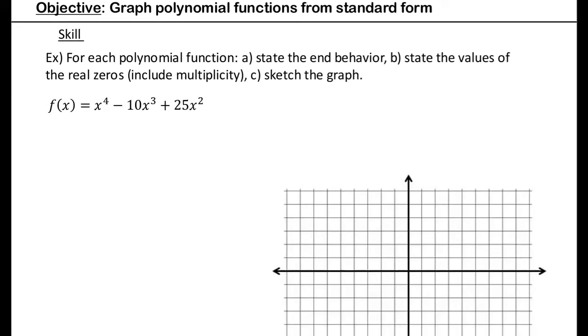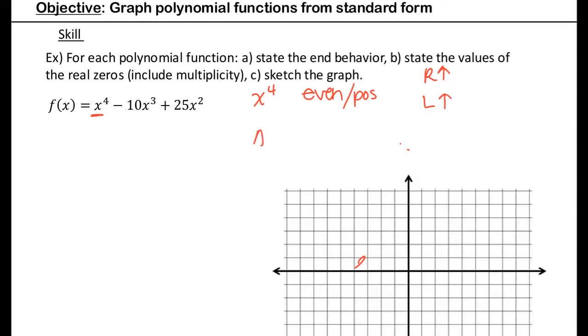For end behavior, I need to look at the leading coefficient. That's x to the 4th power. So x to the 4th, is that even or odd? Even. And positive or negative? Positive. So the right side has to go where? Up. And because it's even, the left has to go up.